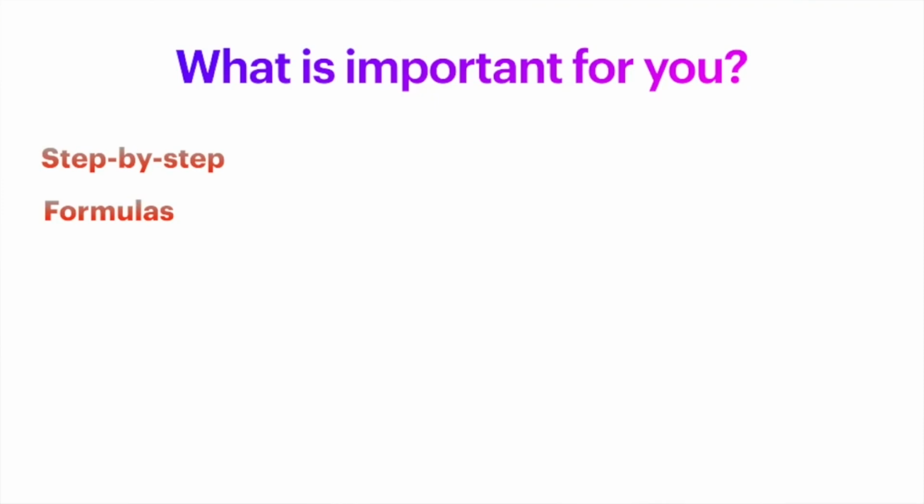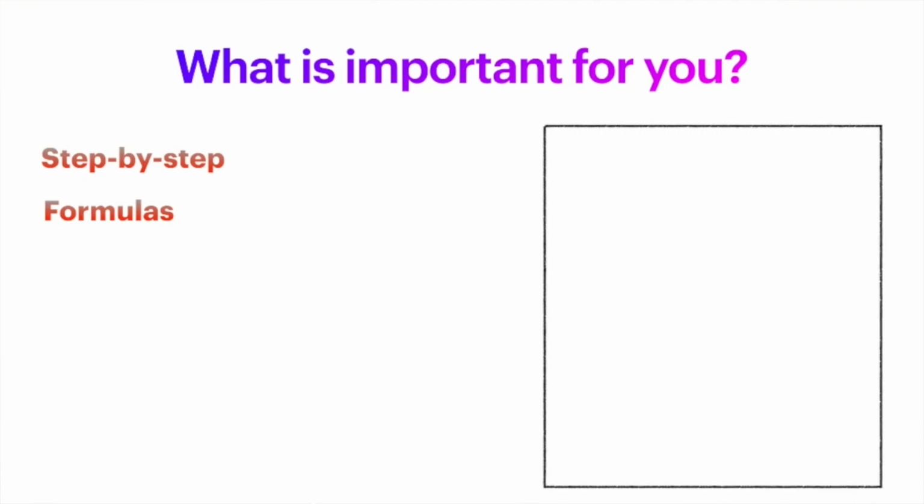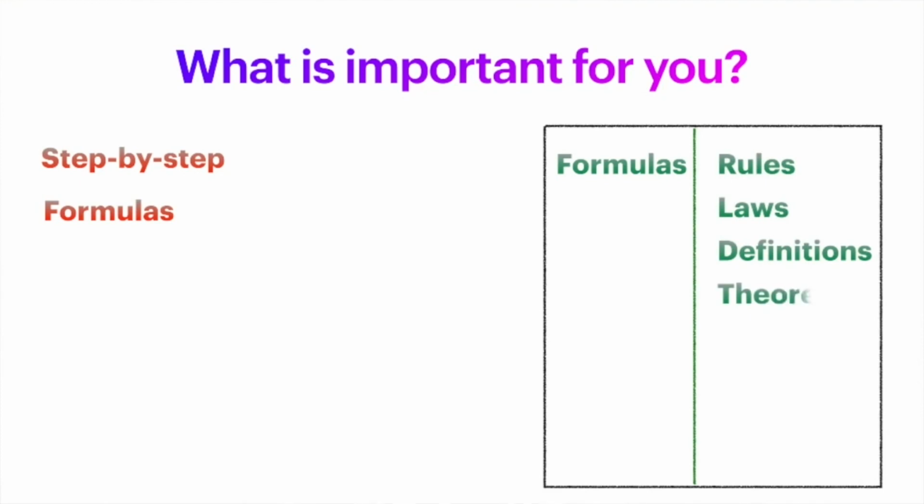So when you are busy with a math formula and you do not understand the rules and the laws and the theorems, take a piece of paper. When you are making your notes for maths, you write your formula on the left side of the page. You'll see there's still space on the right side of the page. Now put a straight line from the top of the page through the middle right down to the bottom, and on the right side of your formula you write your rules, laws, definitions, theorems that make sense because of the formula.